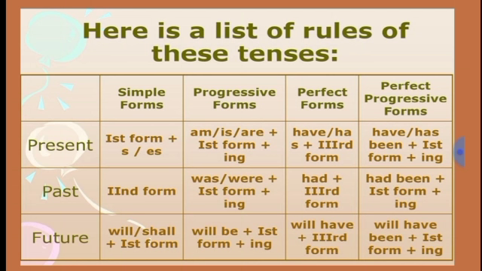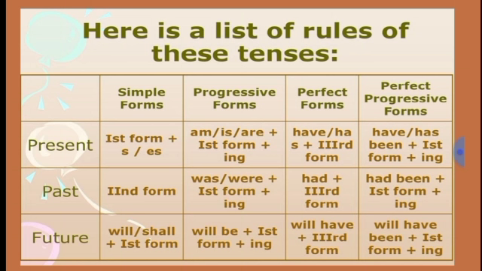Subject plus helping verb plus been plus verb V1 plus ing plus object. Again, I is the subject, have been, read will become reading and object the book. I have been reading the book.